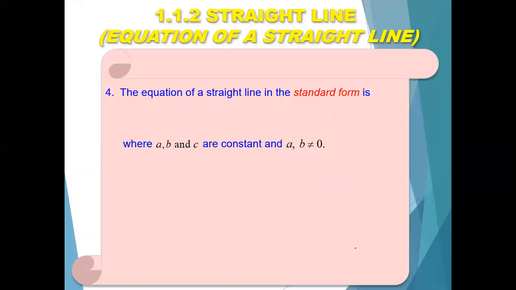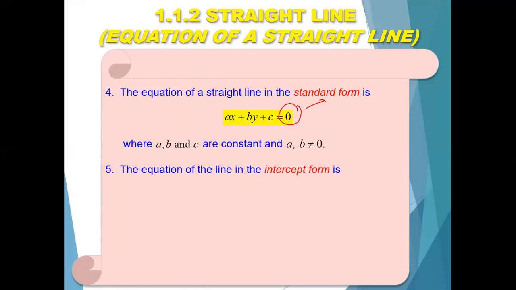Okay, number 4, the equation of a straight line in the standard form is given by ax plus by plus c equal to 0, where a, b, and c are constants and a, b is not equal to 0. Okay, so this one is the standard form. You kena faham standard form. Dia equal to 0 lah, standard form.